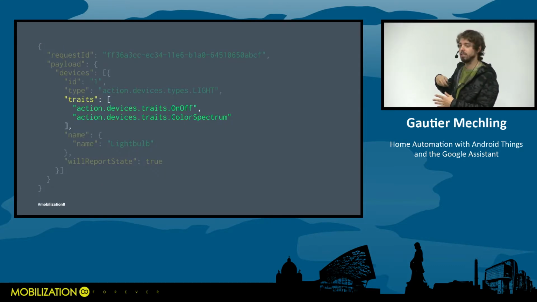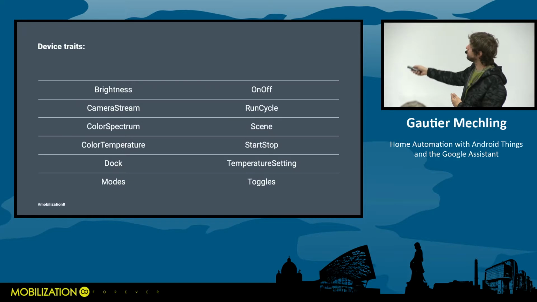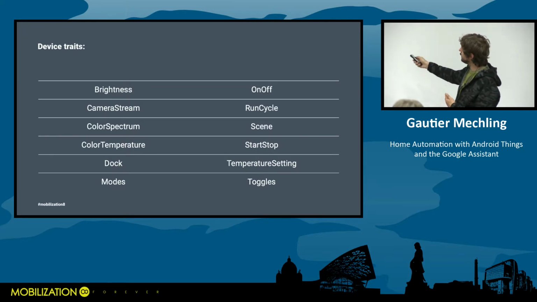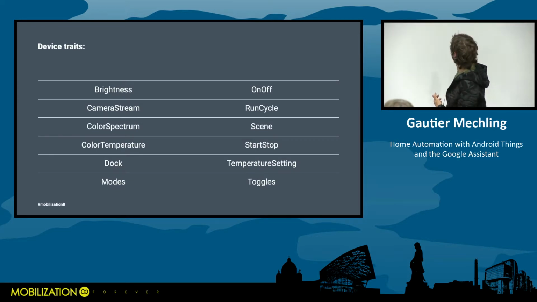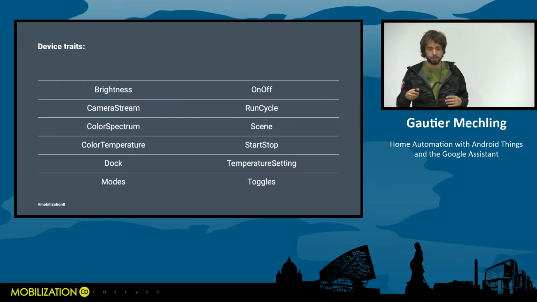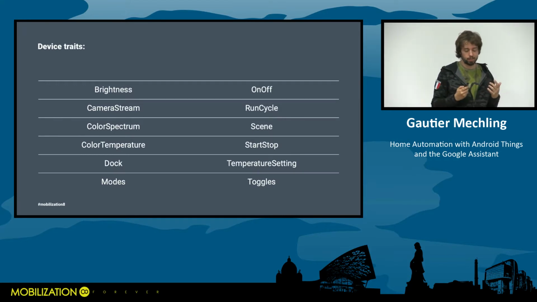And I said we also have to specify the characteristics, because a device can have one or many characteristics. And again, you have a lot of different characteristics available. So you have on-off to turn on or off, but you also have run cycles for dishwashers, for instance. So you have to specify the type of device and characteristics.